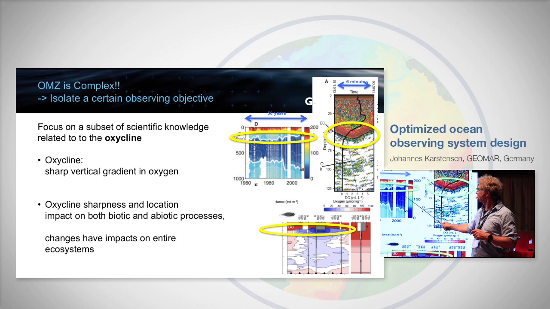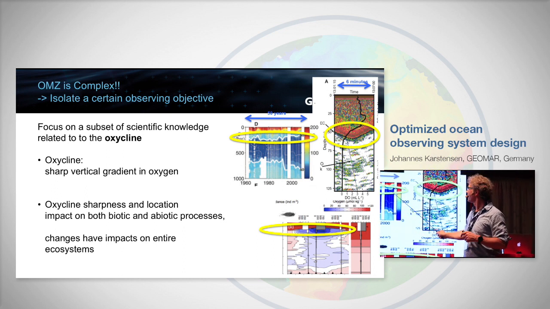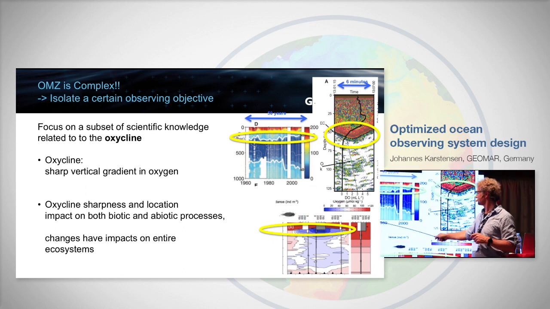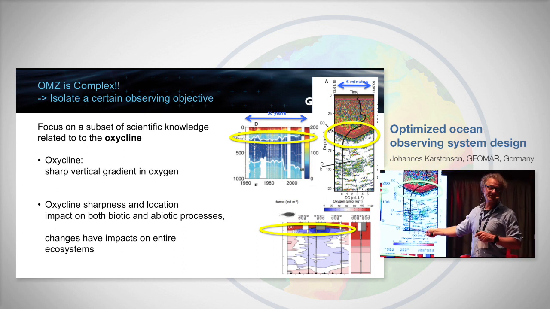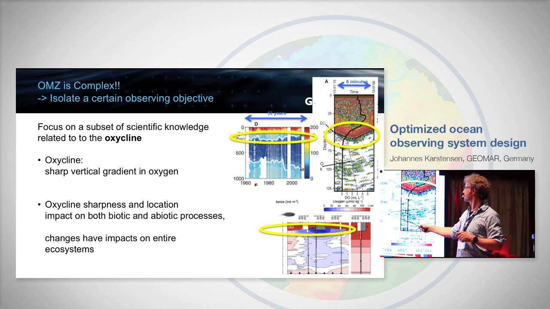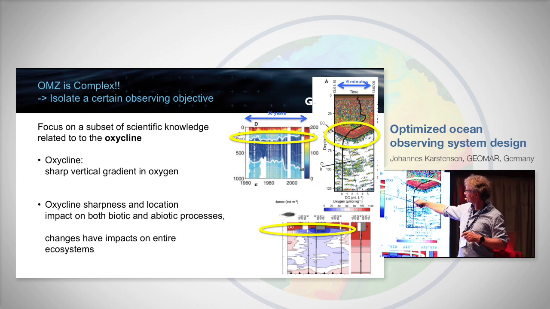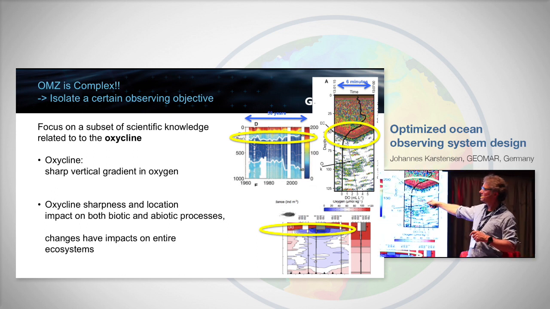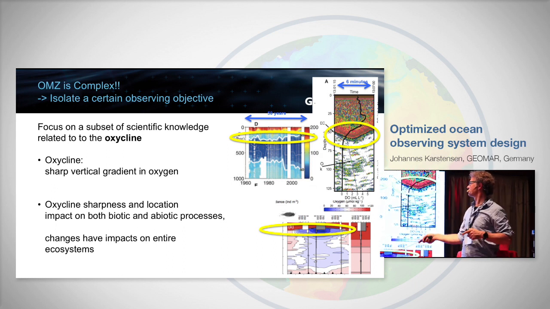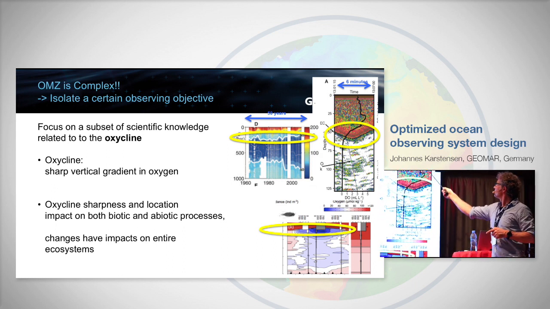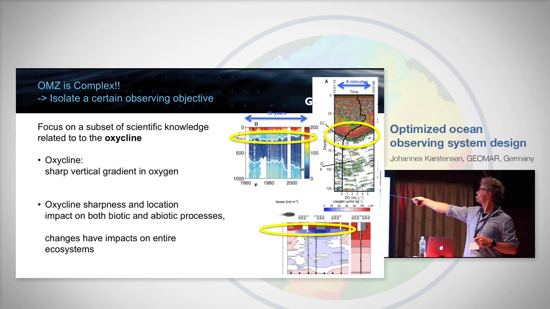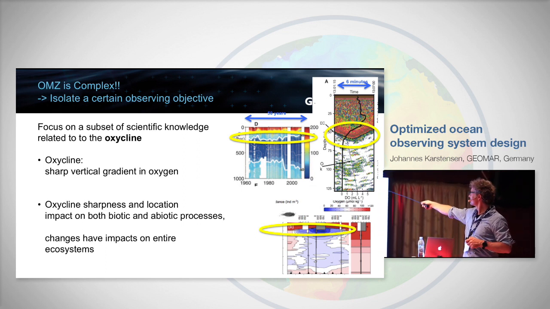And the intensity of this oxycline is varying. This is a time series from 50 years in the Atlantic, I think, and you can see that the upper oxycline, this white line here, increases and goes further up to the surface. This is now on 6 minutes. 6 minutes oxycline is here.